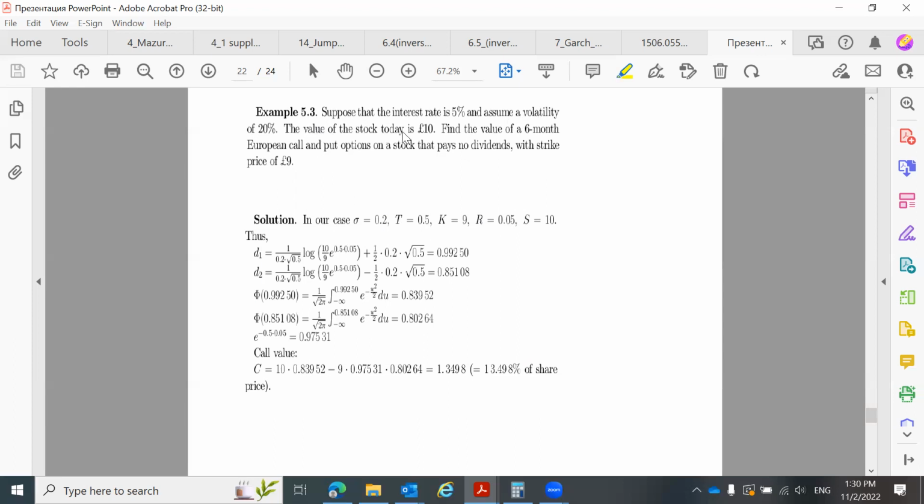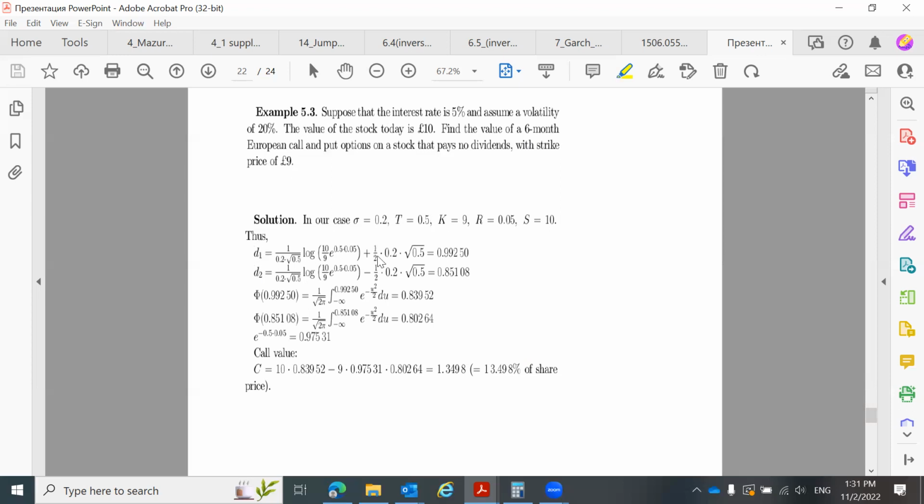The value of the stock today, S0 or only S, is 10. It is a 6 months European call option or put. So 6 months is a time of 1/2. And the strike price is 9. It is K equals 9.